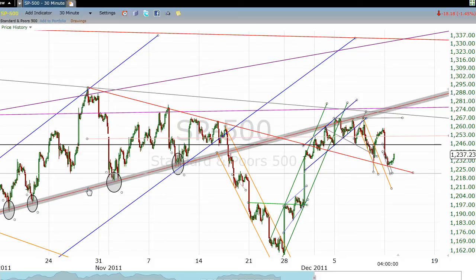Conversely, ascending support, once it is broken, tends to become resistance.